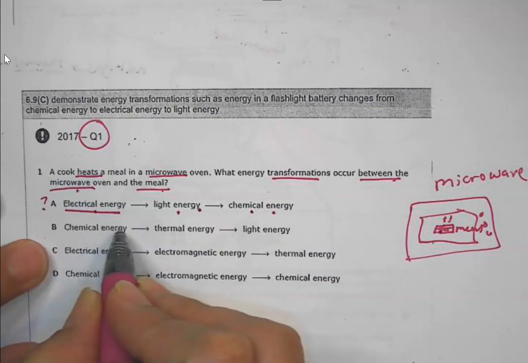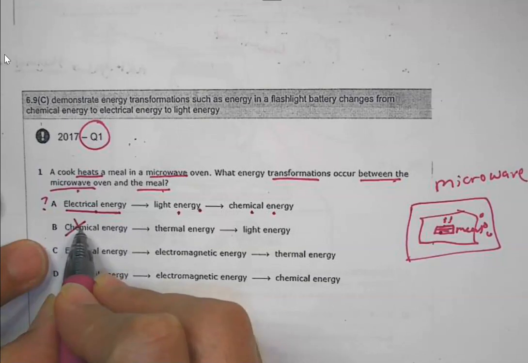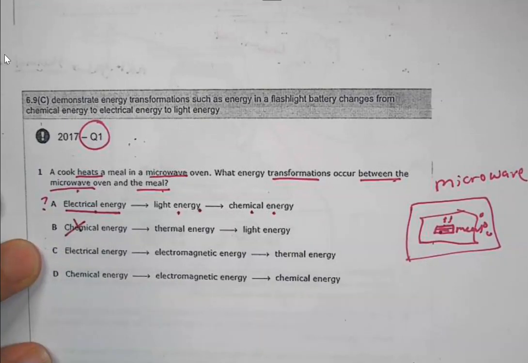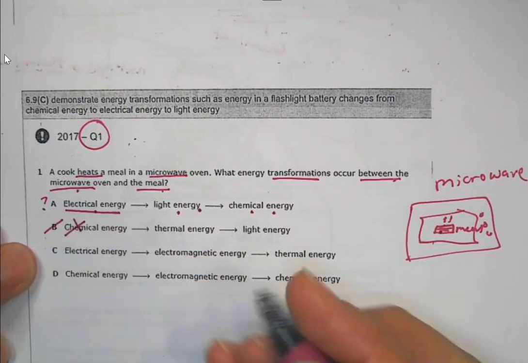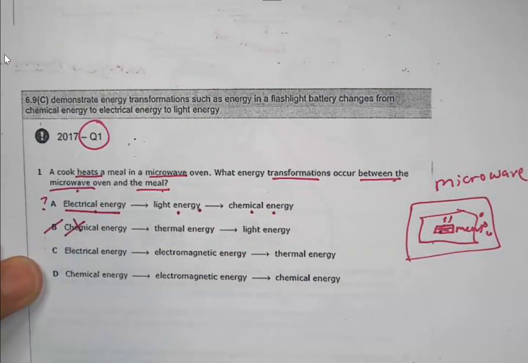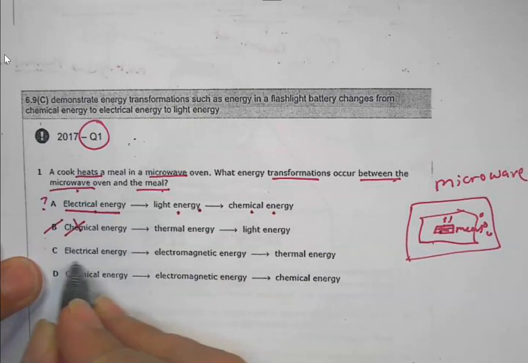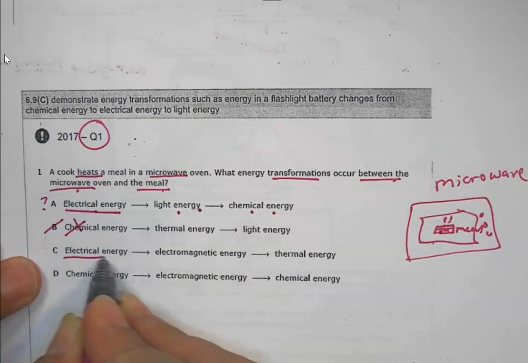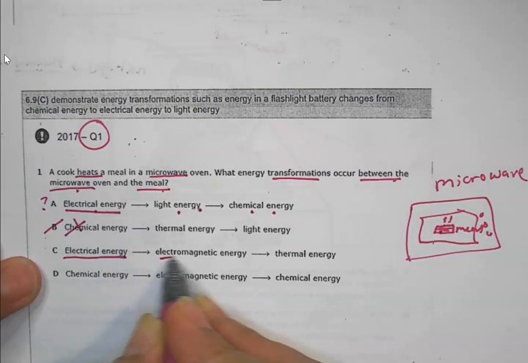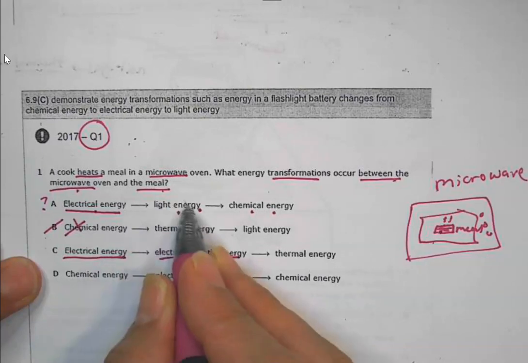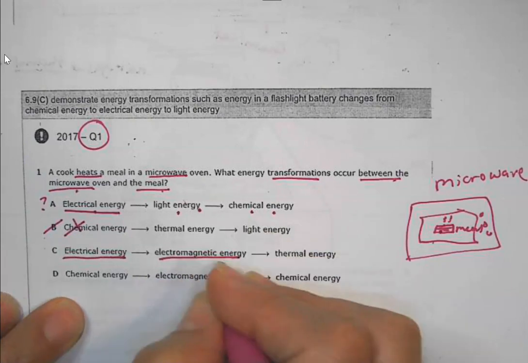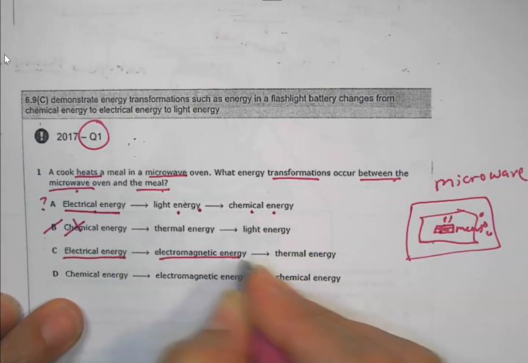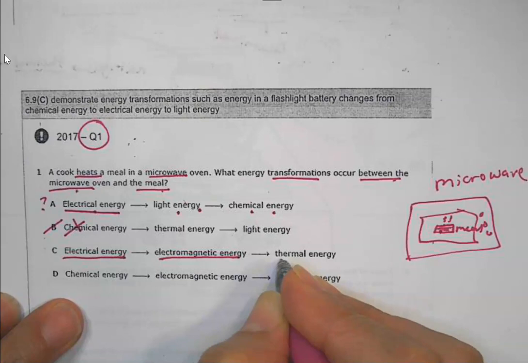We have chemical energy. No, it's not chemical energy. It's actually either electrical or, right there, electrical, right? Because the microwave's plugged in. So then electrical energy to electromagnetic energy, and you know what, light energy, the motion of those molecules and all of that, they're the ones that are heating the energy, and then thermal energy.